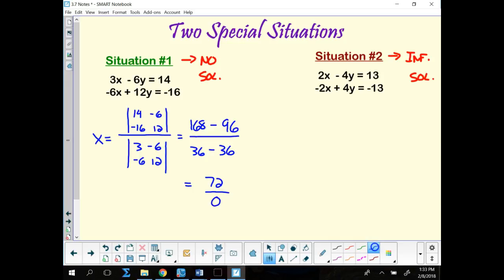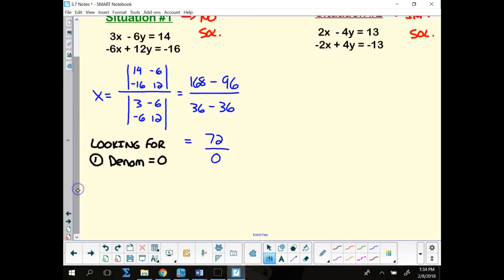Okay? So in this particular case, you are looking for your denominator to be 0 and your numerator to not be 0.